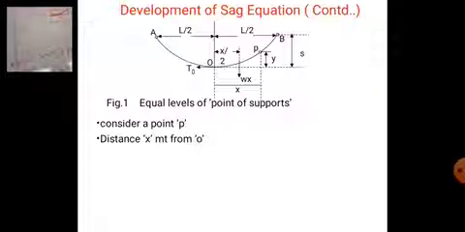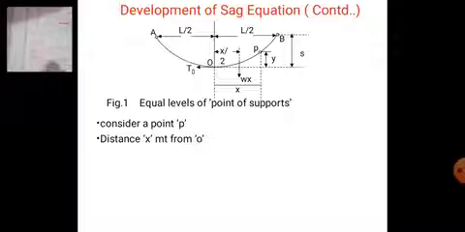If the curvature of OP is very small, the curve length is equal to its horizontal projection. Two forces are acting on the portion OP.